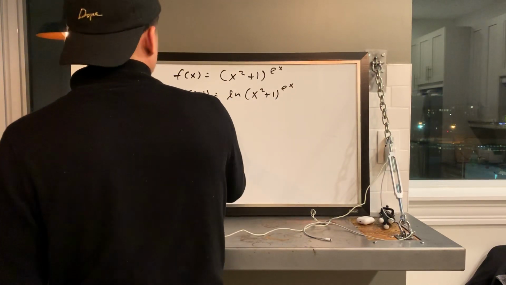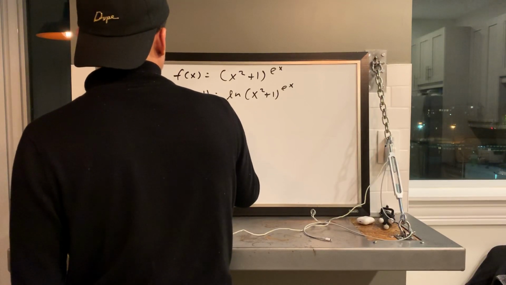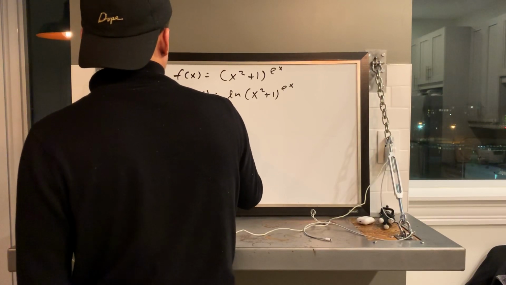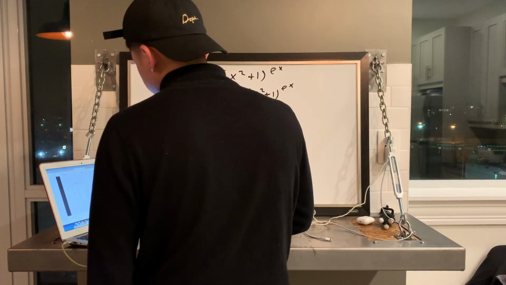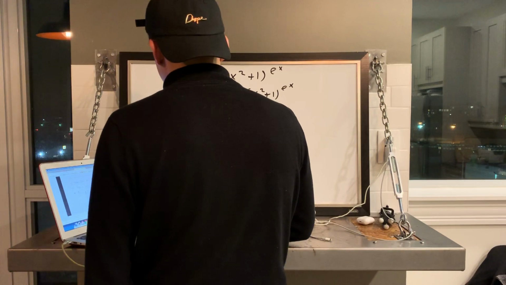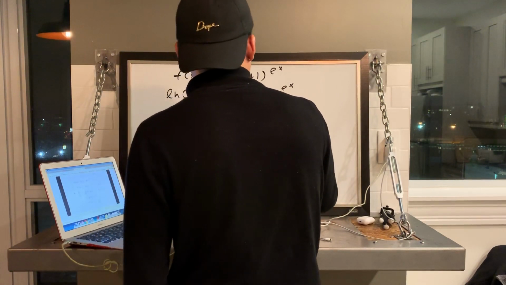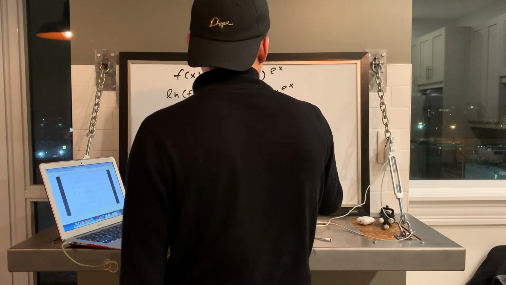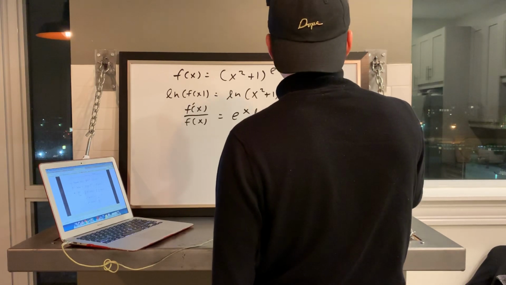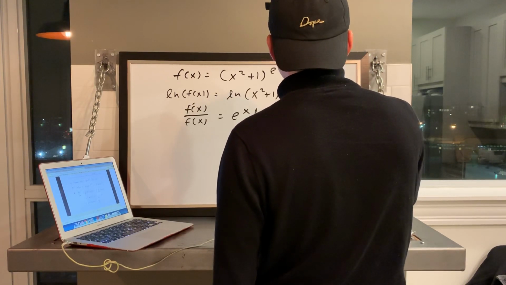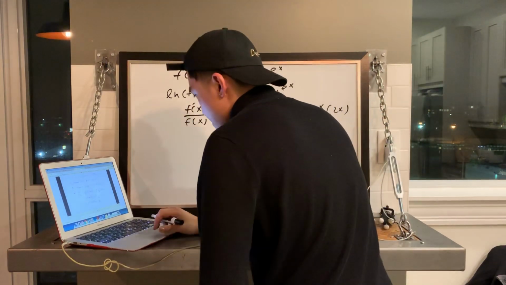So differentiate both sides, I get f prime of x over f of x equals, product rule over here, which would be e to the x ln of x squared plus 1 plus e to the x over x squared plus 1 times 2x, essentially.